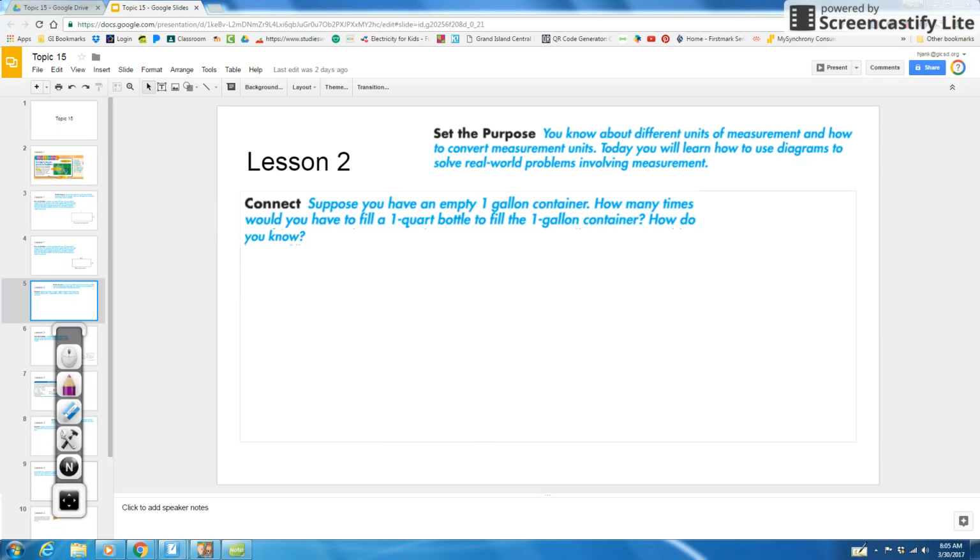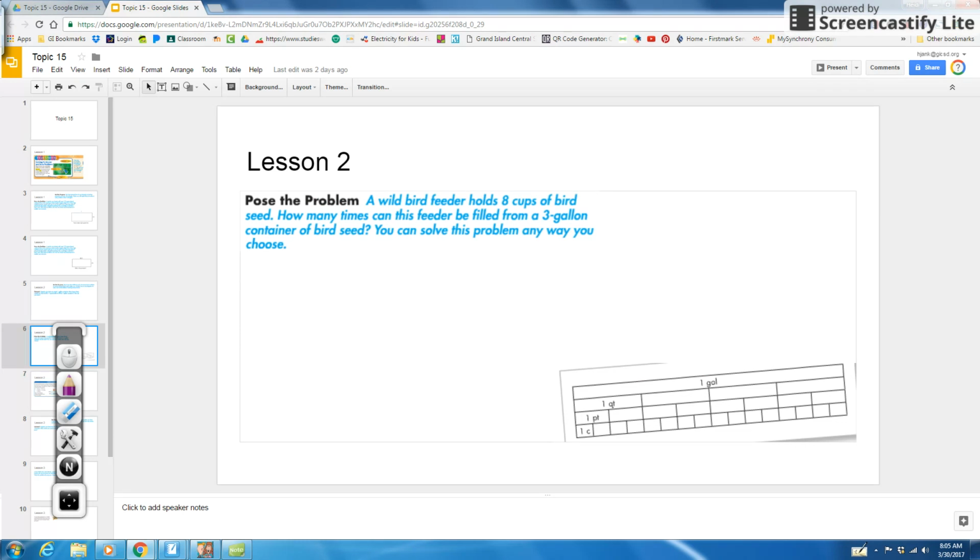So let's look at our next problem. The wild bird feeder can hold 8 cups of bird seed. It says how many times can you fill that feeder from a 3 gallon container of bird seed?